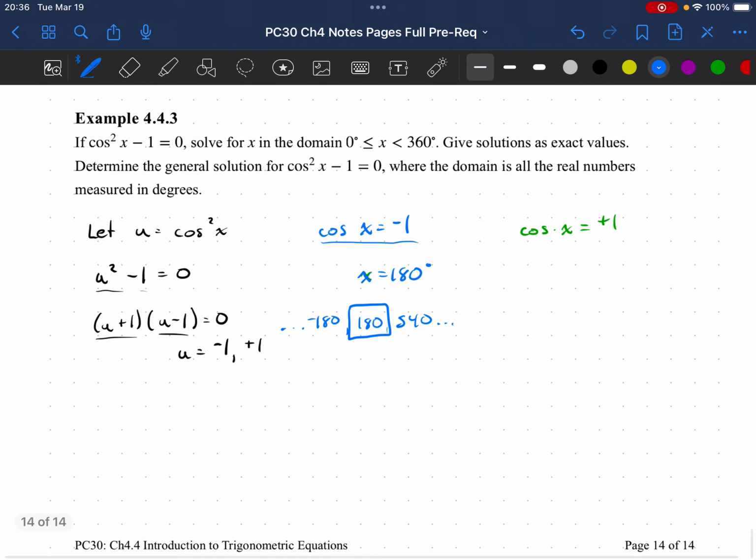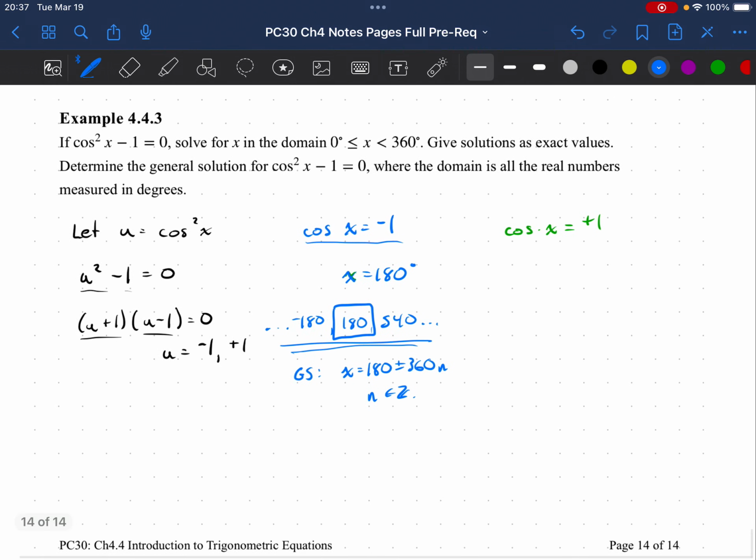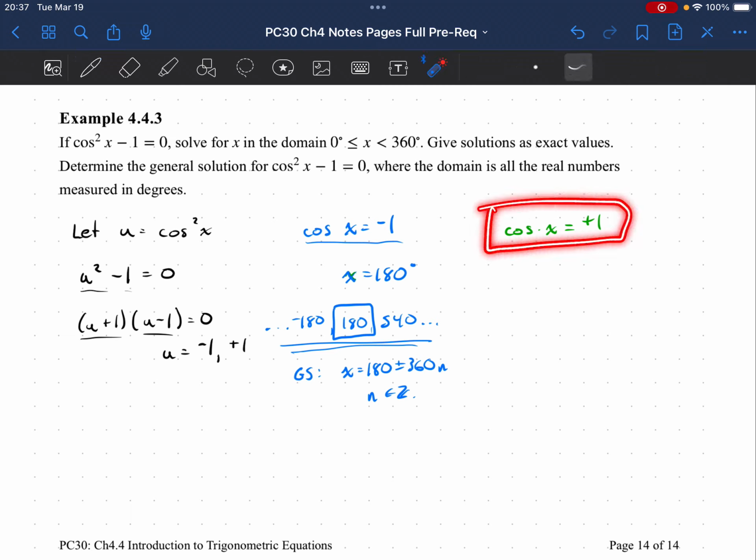The general solution for this one would be x is equal to 180 plus or minus 360 times n, where n could be any integer. It will give me this sequence of numbers. All right, let's go over to the one where cos x is equal to plus 1.